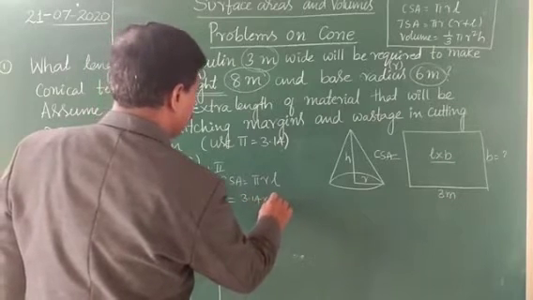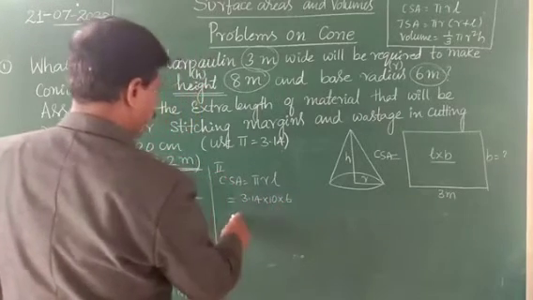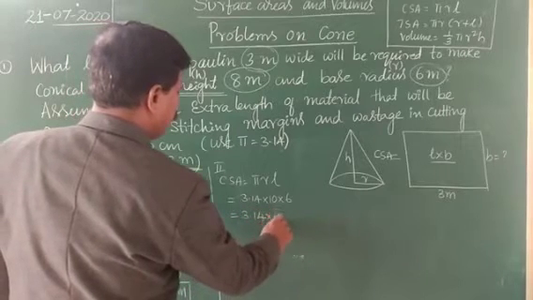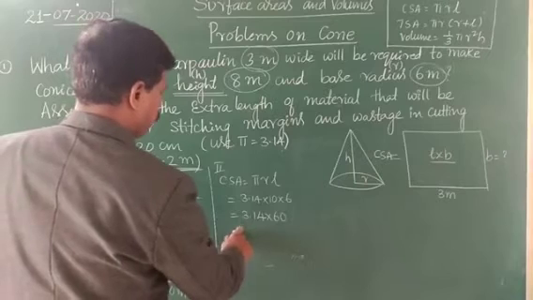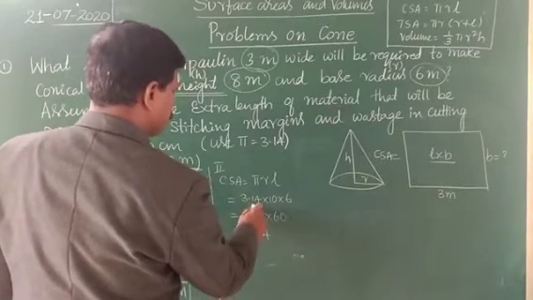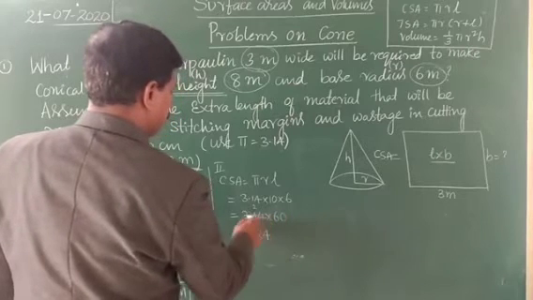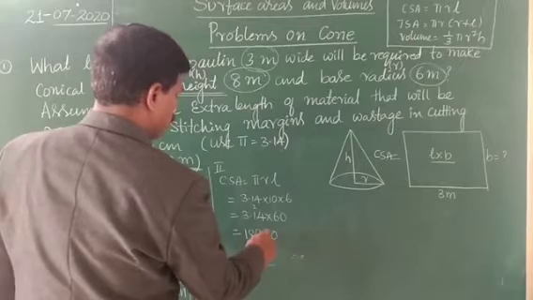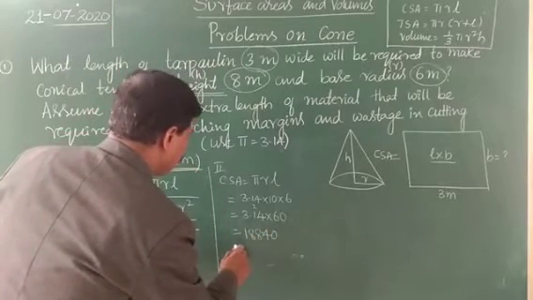3.14 into 10 into 6, that is equal to 3.14 into 60. So, on multiplying this, 6 4s are 24, 2, 6 1s are 6 plus 2, 8, 6 3s are 18, 1 0. So, here this is what?